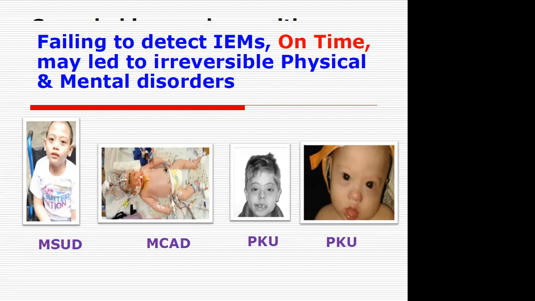If we could diagnose the diseases during the first 10 days, then we will be able to handle this and treat the baby. If it goes longer and the baby is on the mother's milk diet, and we miss the diagnosis, then we should expect very disastrous consequences of these metabolic disorders.